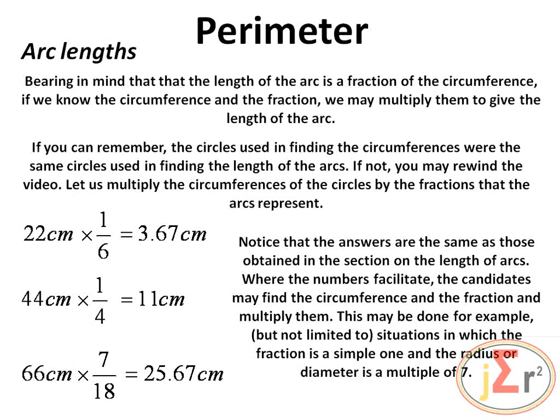So of course, we may take advantage when the diameter or radius is a multiple of 7, because we are always going to have 22/7, and if we have a multiple of 7 to multiply that by, then we know that we can reduce by 7 quite easily.